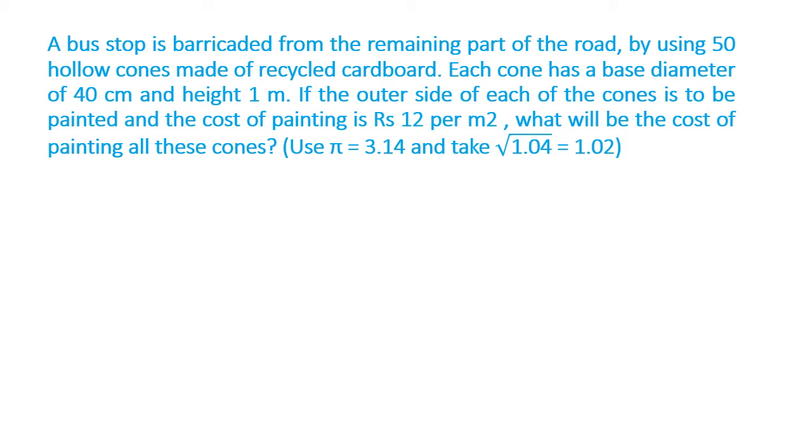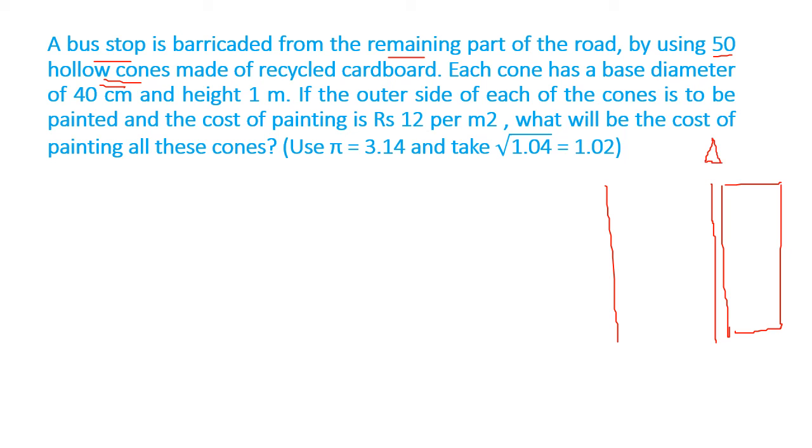Now next we have a bus stop that is barricaded from the remaining part of the road. So we have got a bus stop and a road, and there is a barricade. How is this barricade made? By using 50 hollow cones. You have seen somewhere in the construction site, orange colored hollow cones.